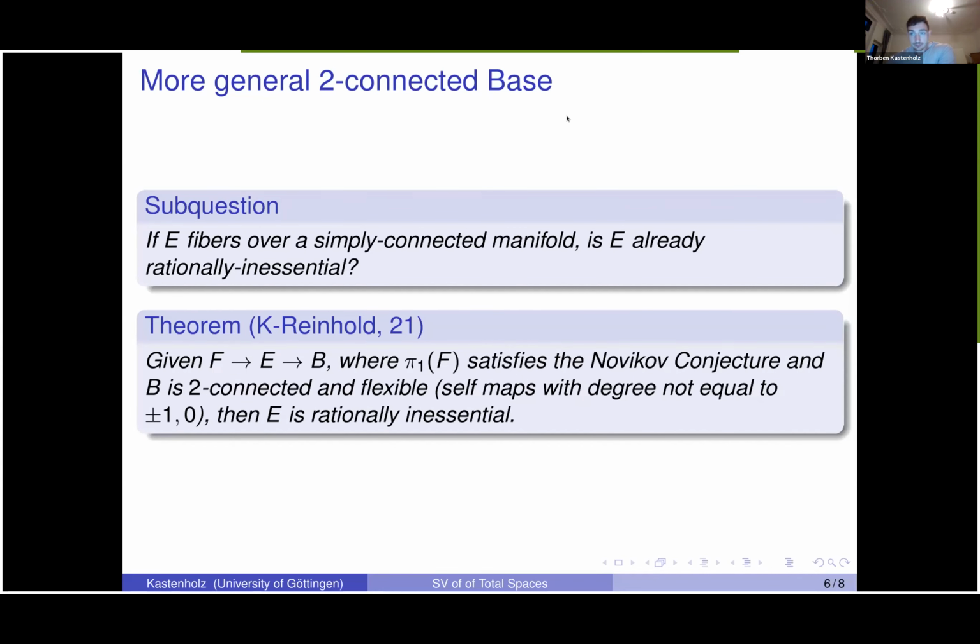And the theorem we came up with is a bit more restrictive, but if we have a bundle where now the fiber satisfies the Novikov conjecture and the base is 2-connected and flexible, where flexible here means that it has a self-map of non-trivial degree, so a self-map which has neither degree plus or minus 1 or 0, then E is already rationally inessential.